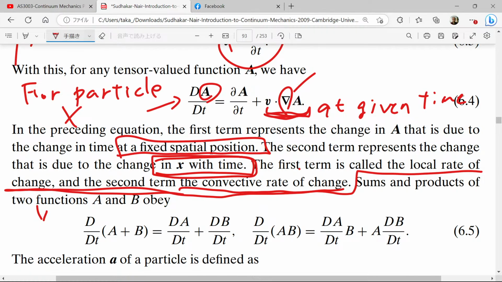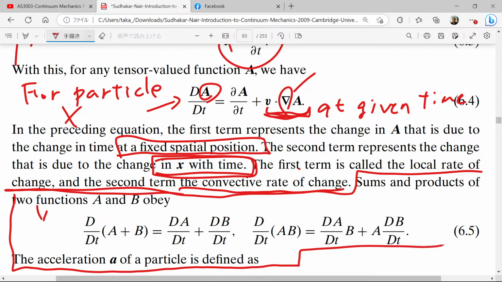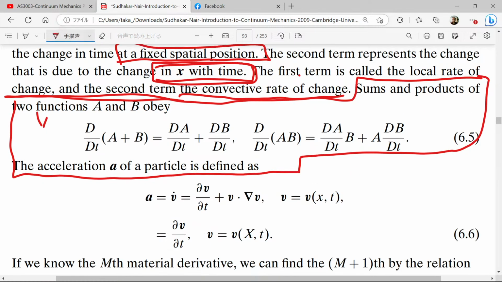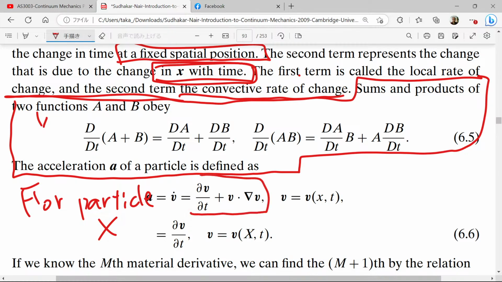The derivative of sum and the derivative of product obey this. So then A, this is again for particle x. For particle x, the acceleration is this. See, interesting.